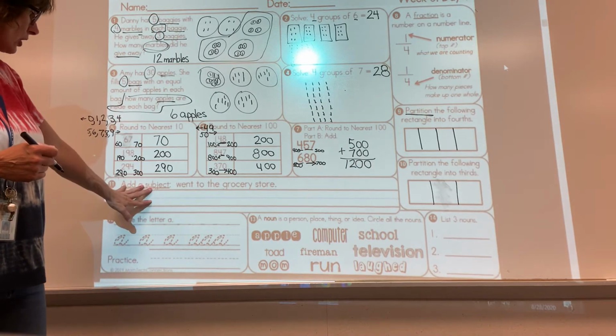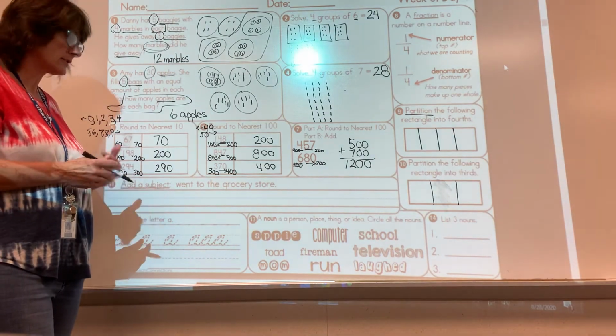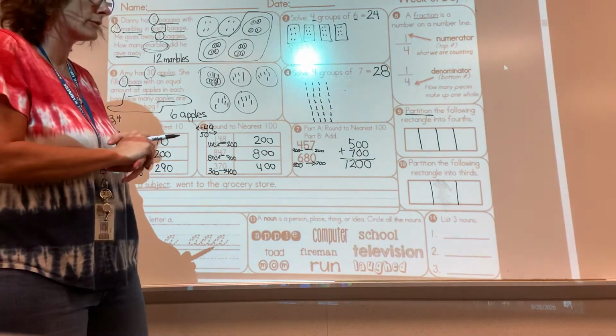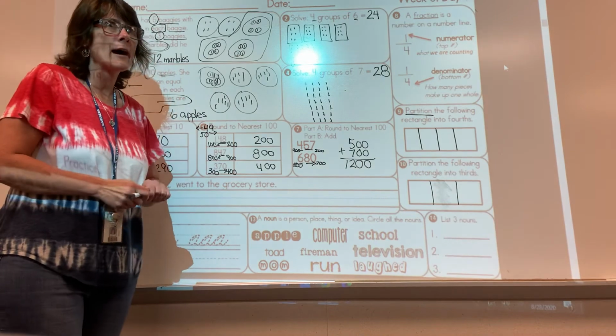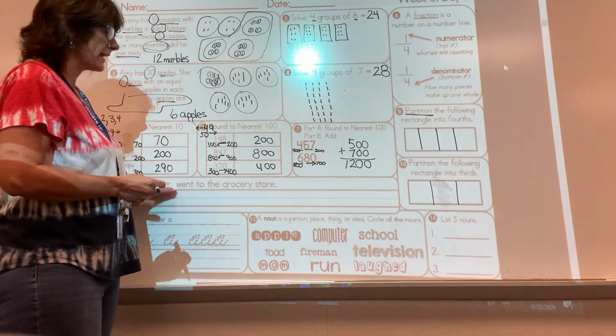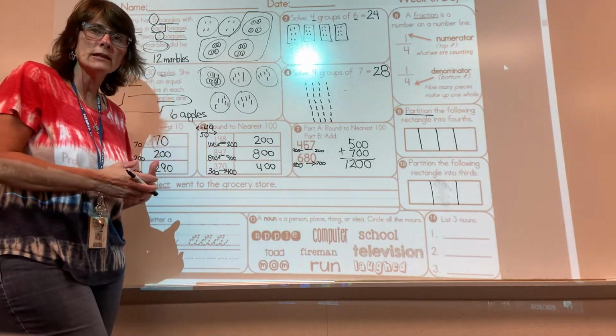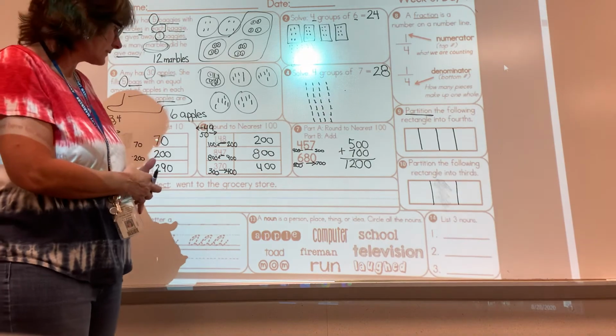Now on the language arts part, we have a subject part, and some people were having trouble with the subject of a sentence. Remember, nouns are people, places, and things. The subject is like the main noun in a sentence, and it's usually at the beginning of the sentence.